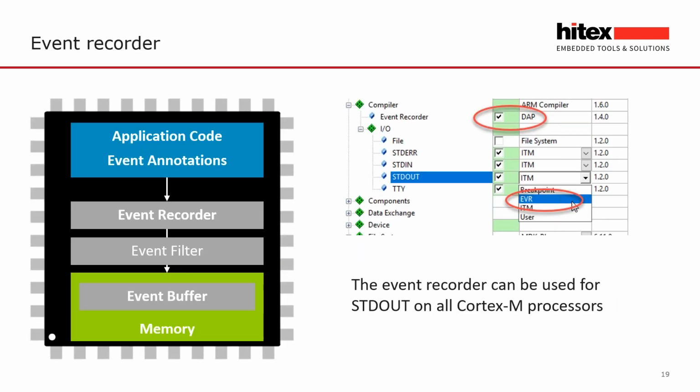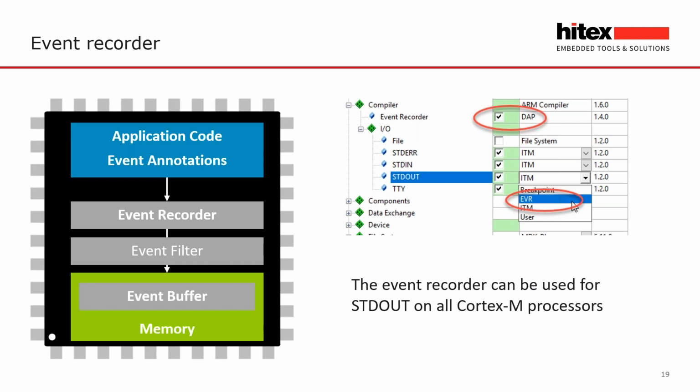Now, the instrumentation trace is a way of getting information off of the chip into the debugger as the code's executing. In later releases of the software, there is a second way of doing this called the event recorder. Now, while the instrumentation trace is available on the Cortex-M3, M4 and M7, it's not available on M0 and M0+.